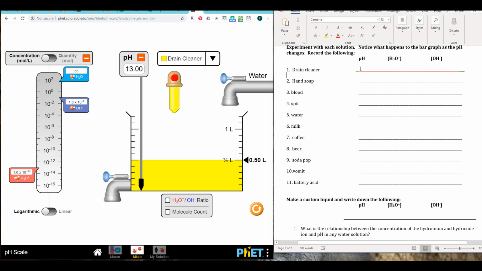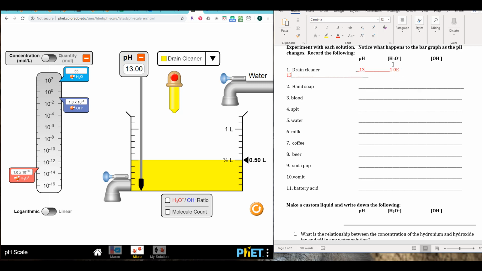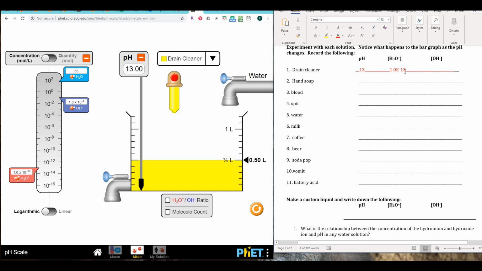So I'm going to write down the pH. The pH is right here. It's 13. The H3O plus concentration is 1 times 10 to the negative 13. I'm going to write it like this, and this is an easy way to do it.